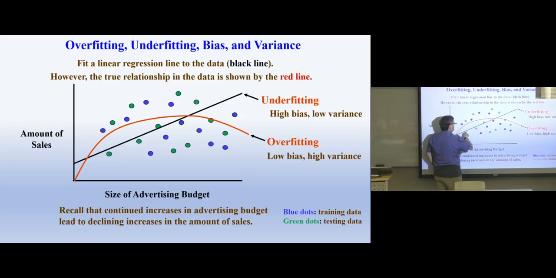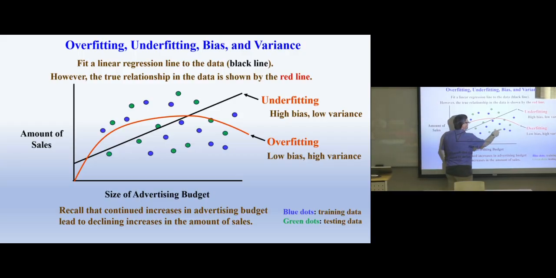Now, with this line, you're underfit, because I've got high bias, low variance, and overfit is low bias, high variance. So this particular line is trying desperately to show that relationship where the increase in sales tapers off with advertising.